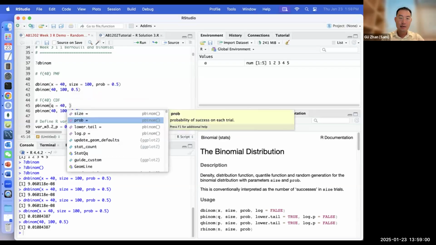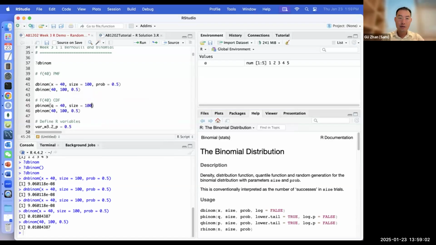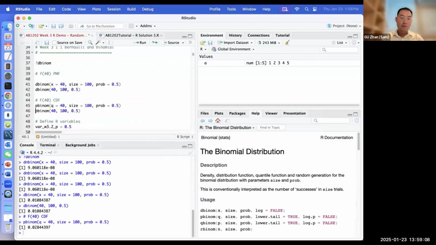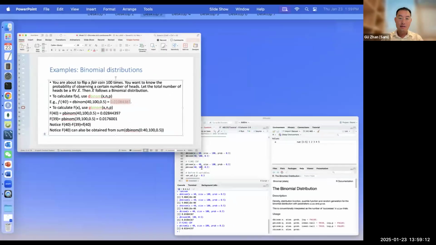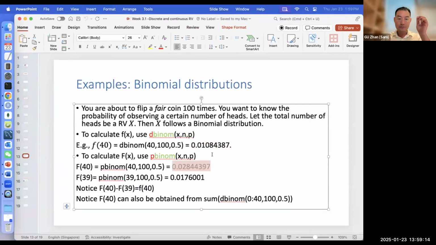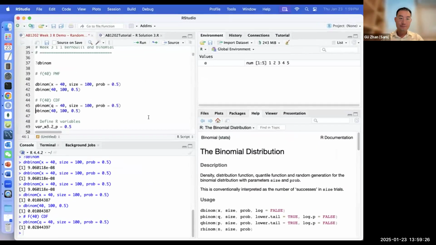Then size, type tab, size equal to 100, and the probability is 0.5. You run it. It gives you 0.028. This is the value that you obtain from here. These are all the x values from 0 up to 40. What is their combined probability from 0 to 40?